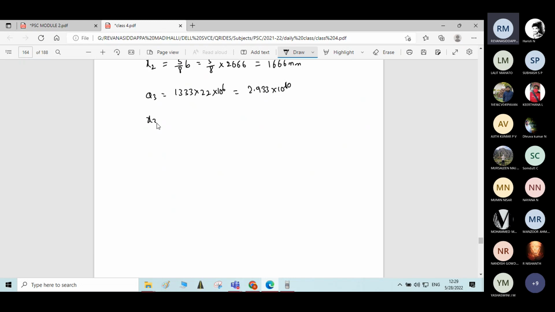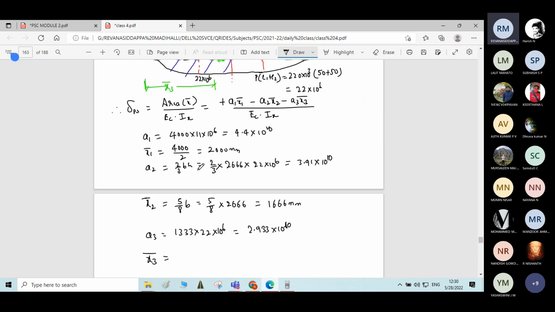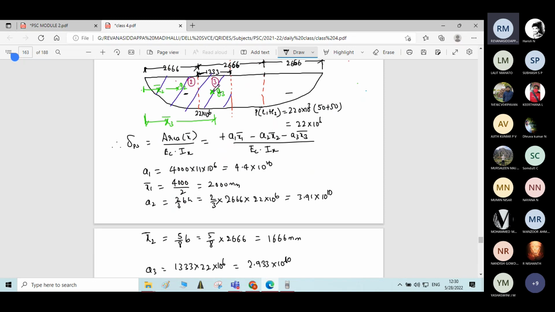Then coming to x3 bar, which means the distance of the center of rectangle 3 from the nearest support. From here it is at a distance of 1333 divided by 2, that is b by 2. So the distance of G3 from the nearest support is 2666 plus b by 2, which is 2666 plus 1333 divided by 2.